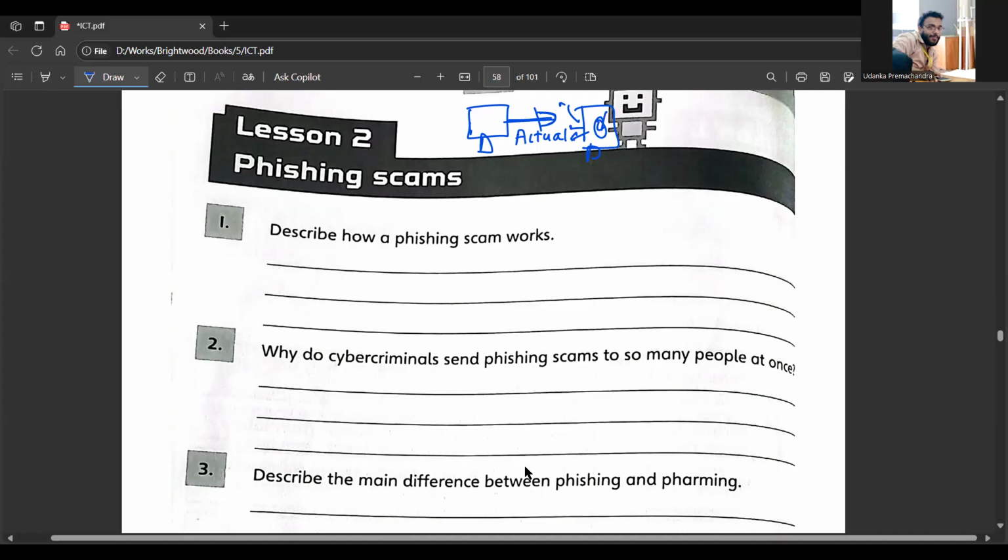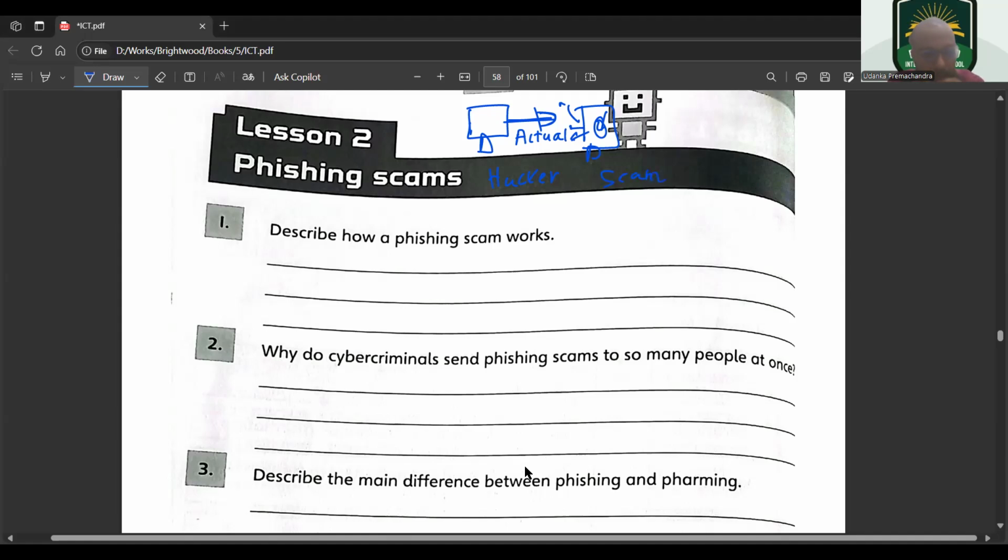After clicking, the hacker takes their data. The hacker tries to get their personal details, their bank account, and all other details like that. That is how the scam happens. A scam is just like that.